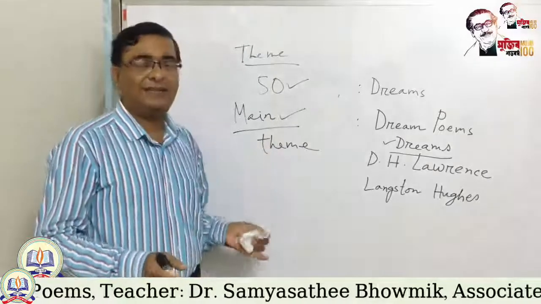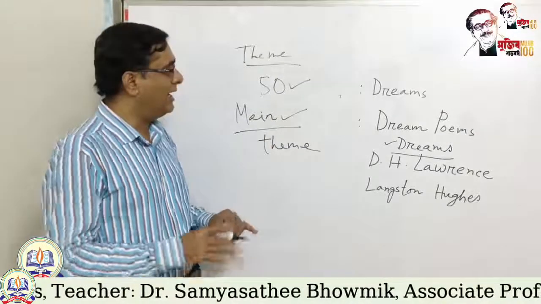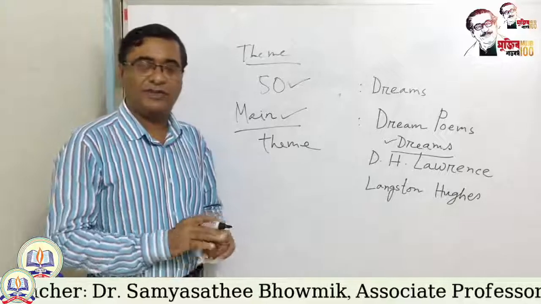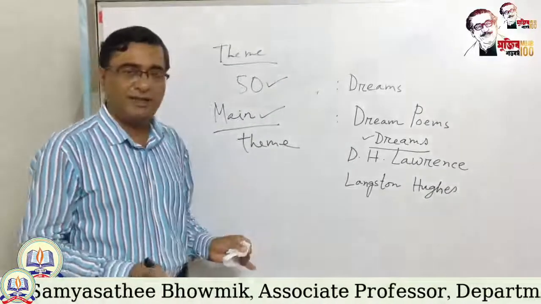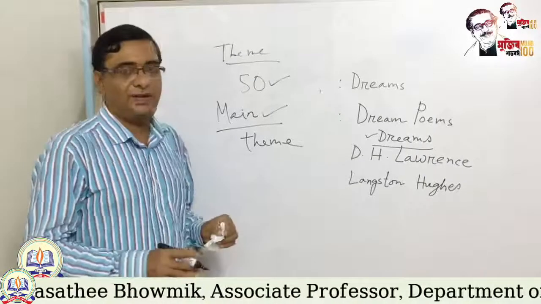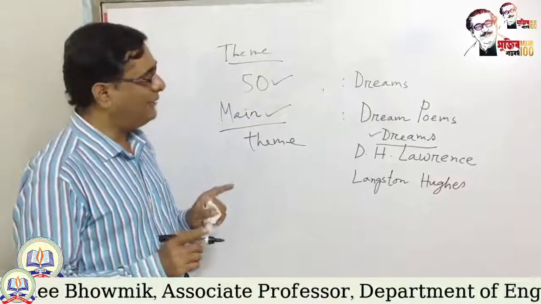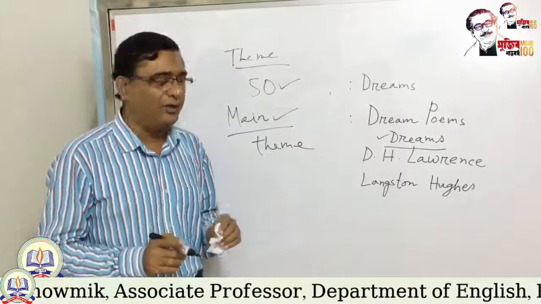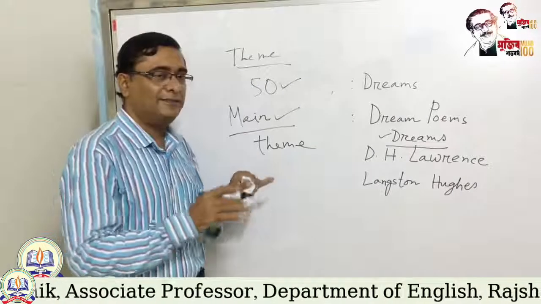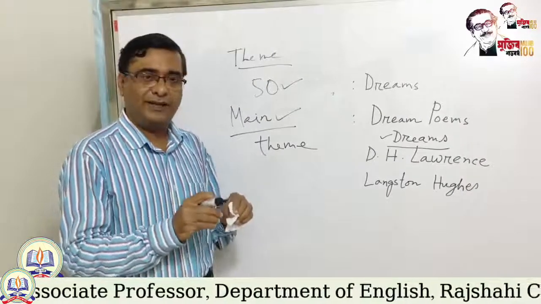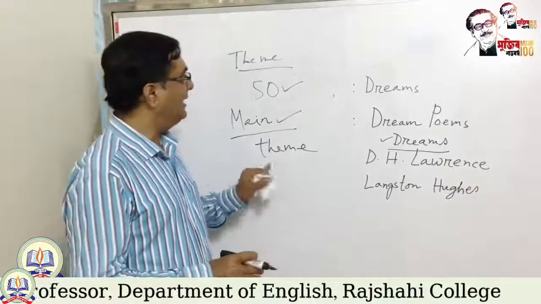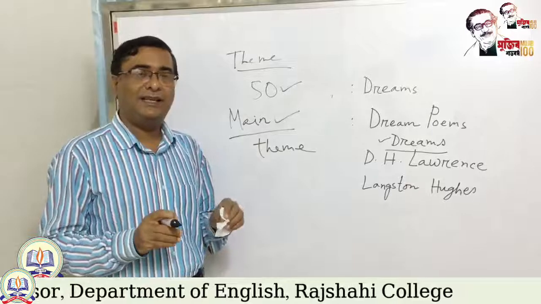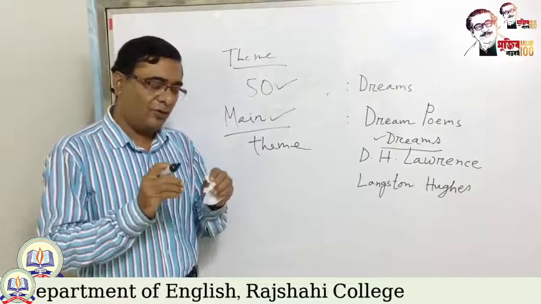The other things, like not giving quotations, avoiding first person, and not giving examples, are common to both theme writing and summary writing. So remember, the last point I want to confirm to you is that theme writing is focused on the main idea of either the passage or the poem, and summary writing is basically to write something in brief.